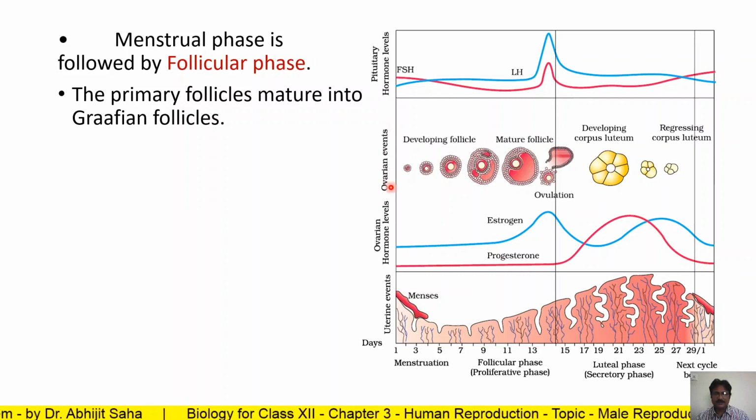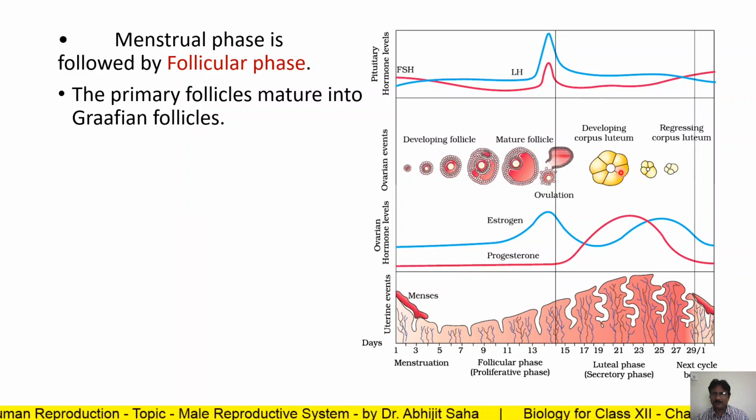Next, the ovarian events, that is the stages of development of the follicle. Primary follicle, secondary follicle, tertiary follicle, and then Graafian follicle, and finally here on the 14th day there is a rupture of the Graafian follicle and release of the ovum. And the Graafian follicle now forms the corpus luteum.